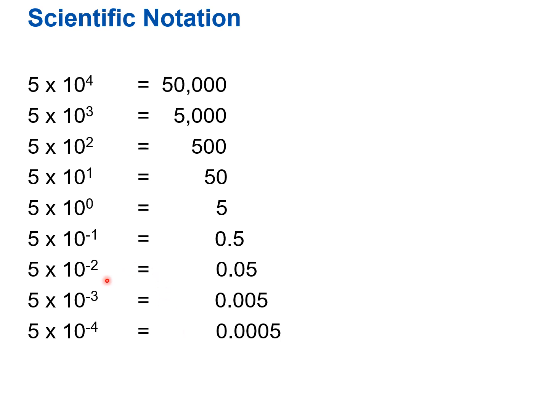So the exponent, such as this times 10 to the negative 3, think of it as how many zeros there are before the 5, but you have to remember to count the ones place. So in this case, we have 1, 2, 3, and then we have the 5. 5 times 10 to the negative 4 is 0.0005. Notice there are 4 zeros before we get to the 5. So the larger the negative exponent, the smaller the number is getting.